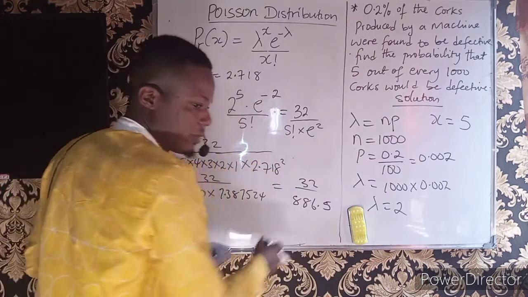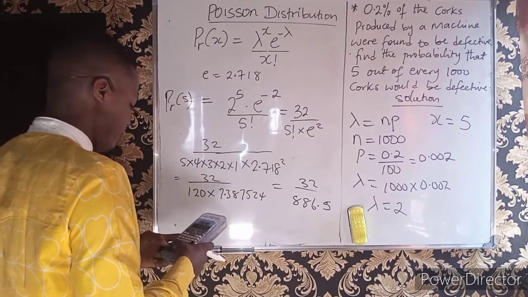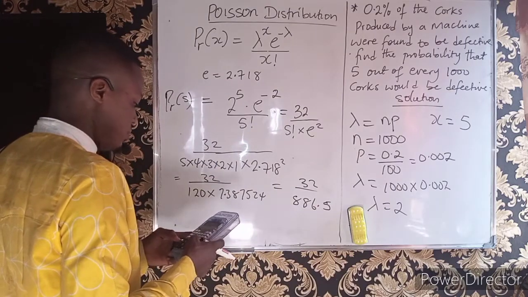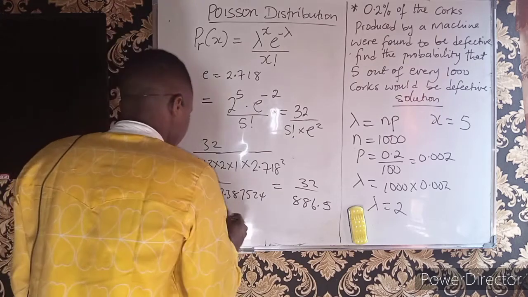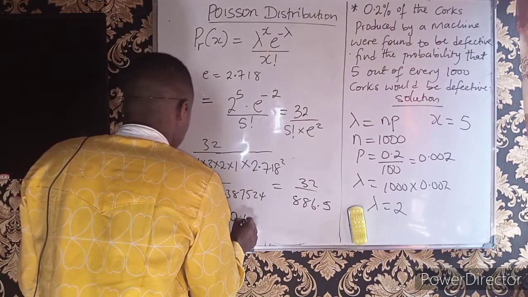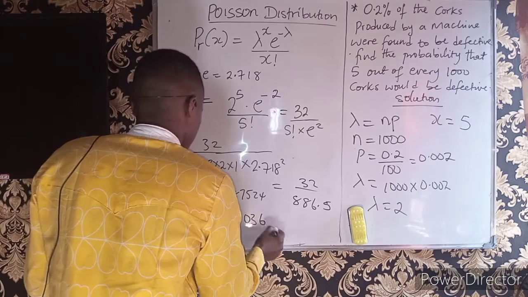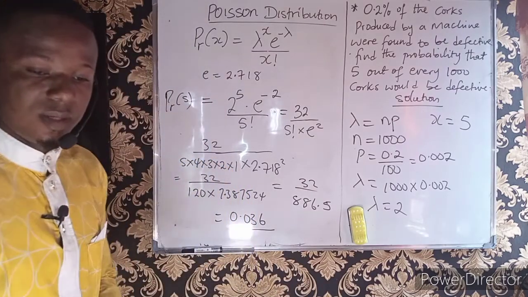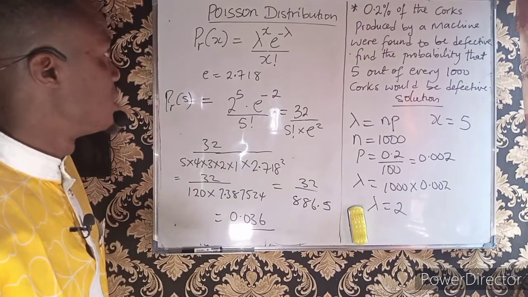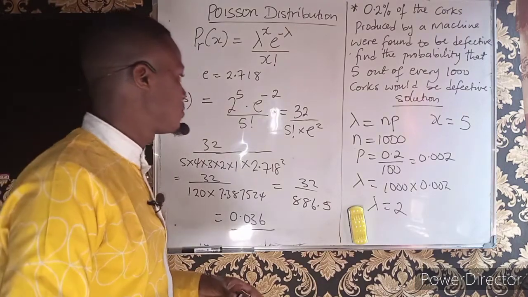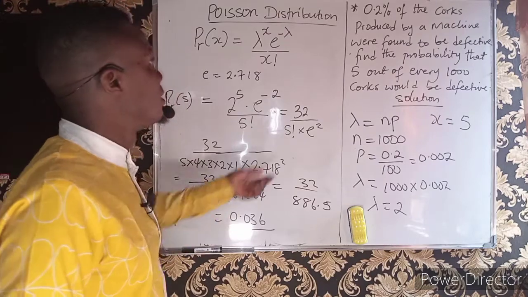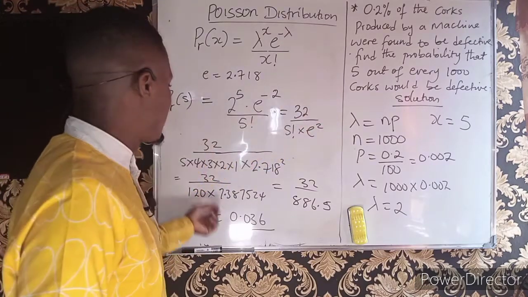Then we say 32 divided by 886.5. It will give us 0.036 approximately. This is the required probability. So the probability that 5 out of every 1000 clocks will be defective is just 0.036.